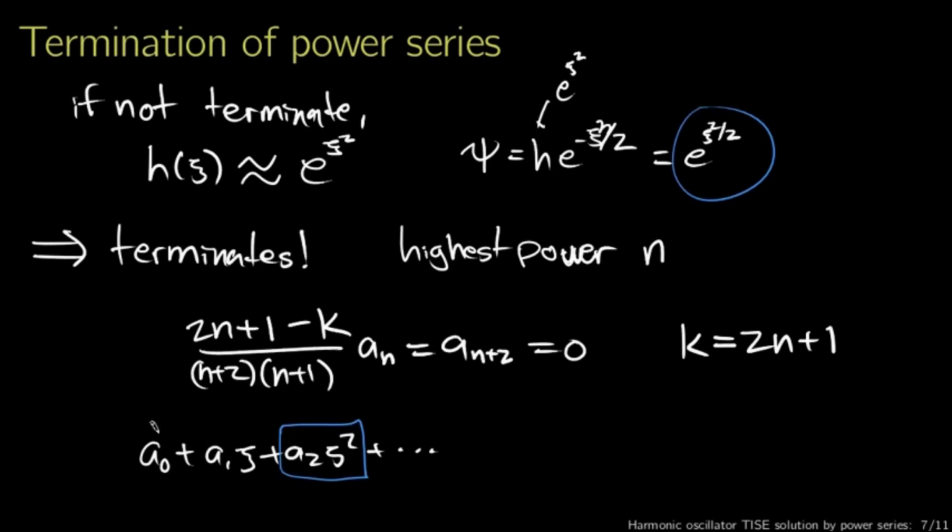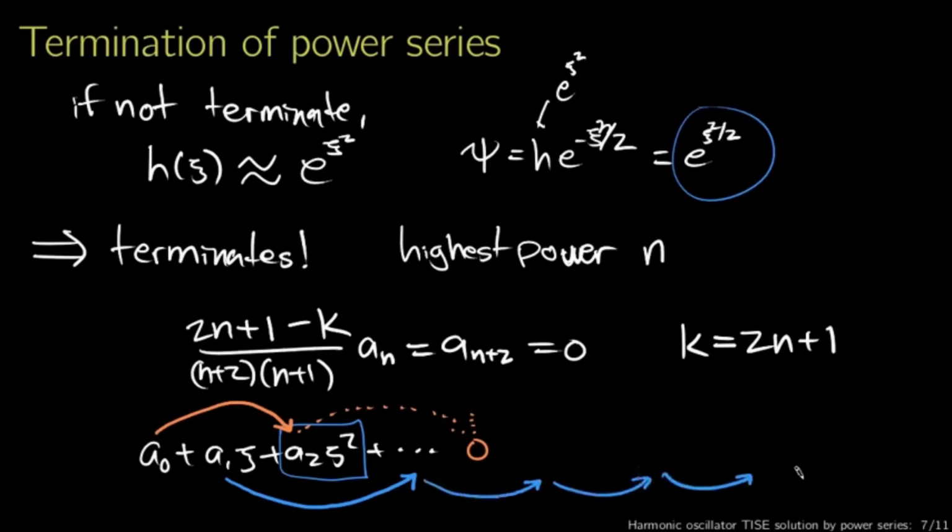I can have a non-zero A0, that determines a non-zero A2, and then my recurrence relation gives me 0 for A4, effectively terminating my sum. That's okay. But if I have a non-zero A1, the recurrence relation for A1 will not give me 0 for A3. And I won't get 0 for A5 or A7 or A9 either. And I'll still have an infinite sum with my odds.